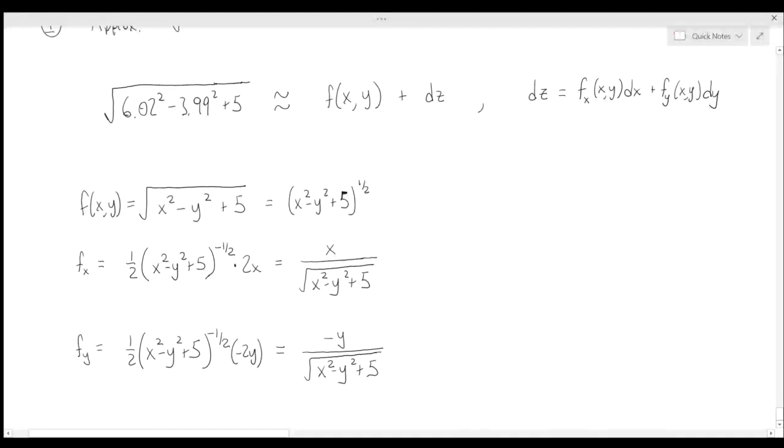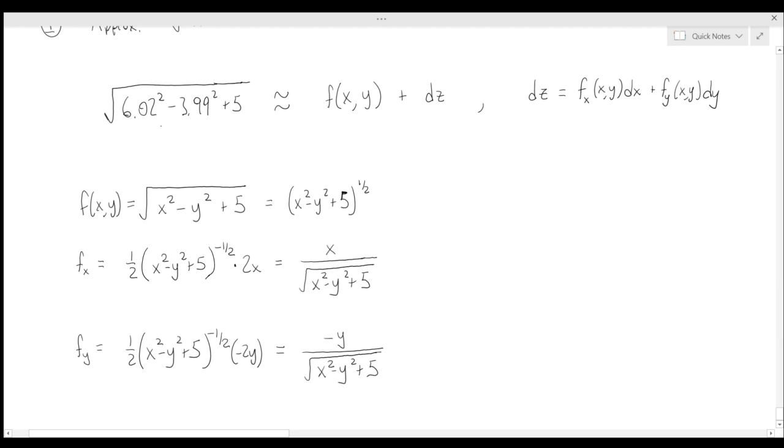Okay. All right, so next, in order to get our approximation, we need to figure out what x and y values we're going to plug into everything. And then we also need to figure out the values of dx and dy. So you can figure out those just by looking at what you're trying to approximate. So here, we have these complicated numbers, 6.02 and 3.99.